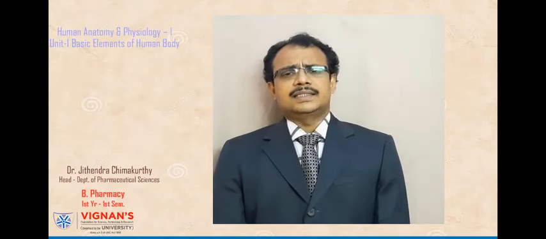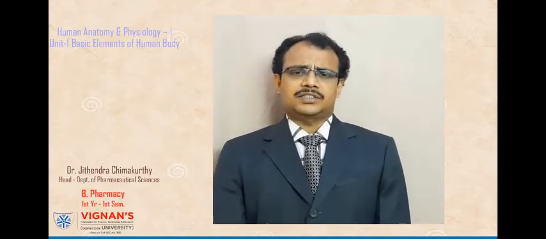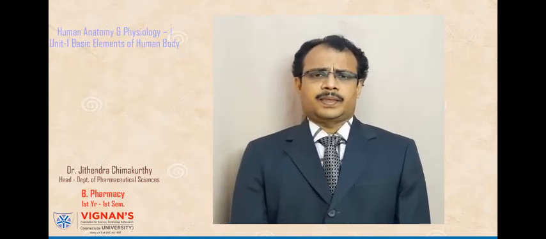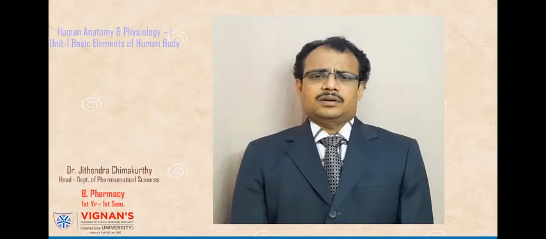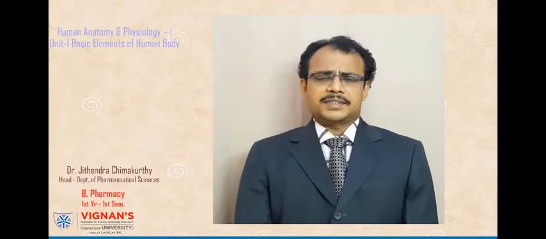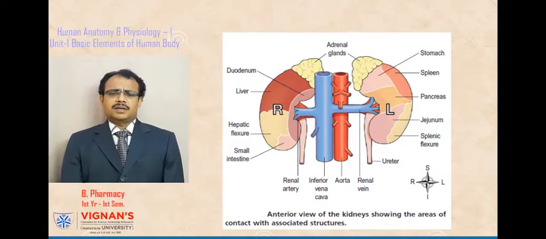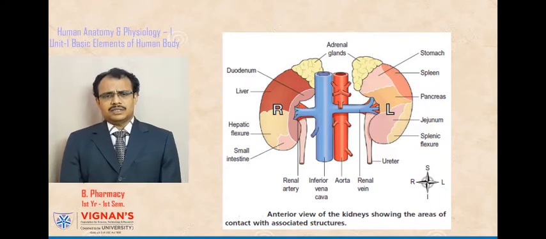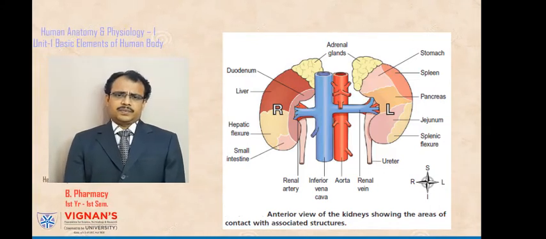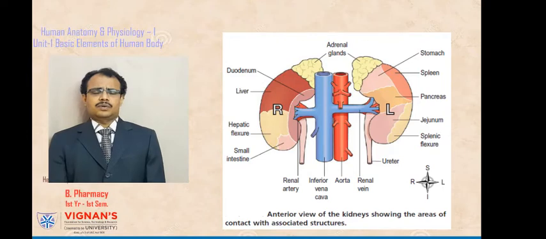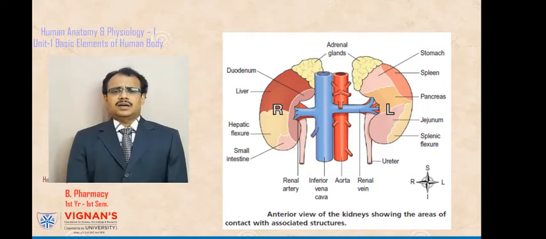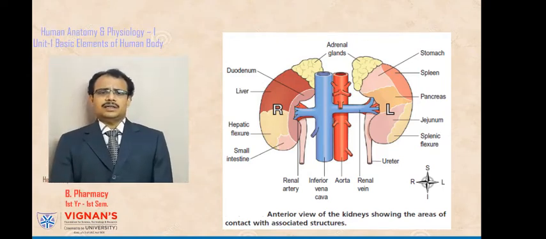Anatomy is the study of the structure of the body and the various organs with which any particular system or organ is associated. So we should know the spatial orientation of any organ in the body.